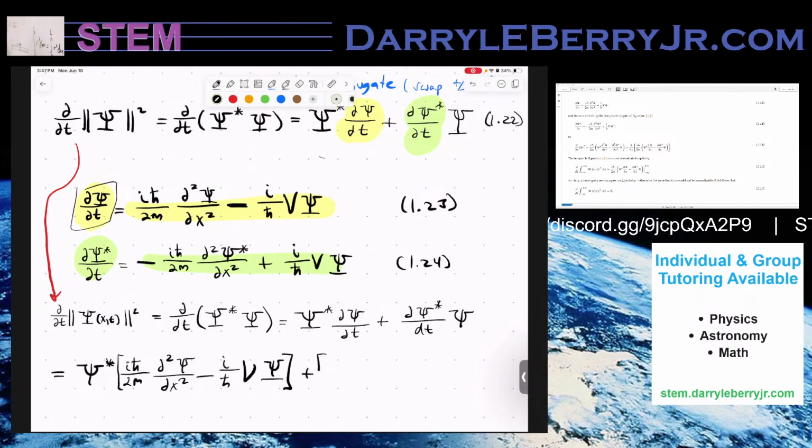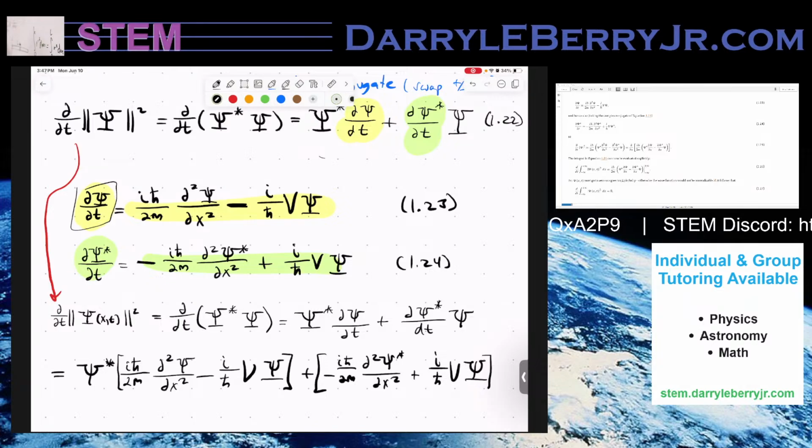I'll put the one in green here, which is negative i h bar over 2m, the partial squared of the complex conjugate of psi over the partial derivative of x squared, plus i over h bar V psi.